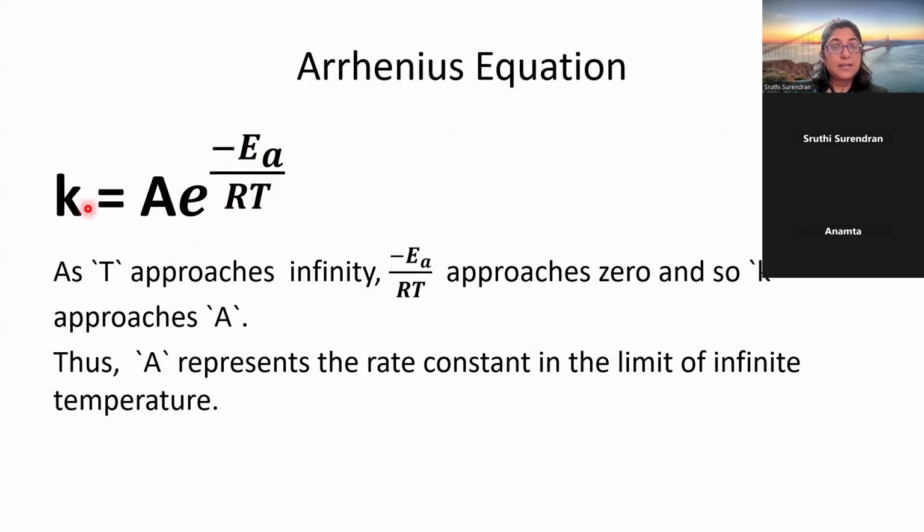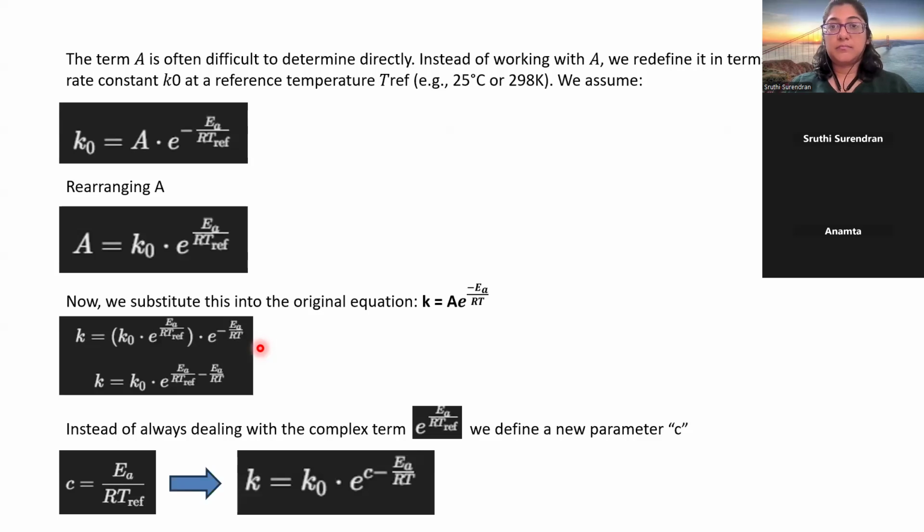So A can be expressed as the rate constant when there is no limit to the increase in temperature. And A is not a value that is very easy to obtain, because it is based on a lot of molecular collision and stuff like that. So it's not a very easy parameter to obtain.